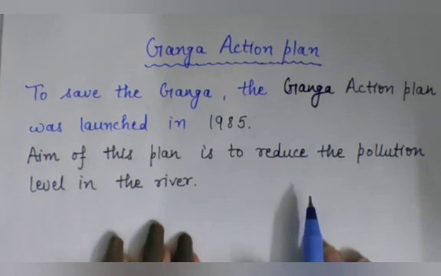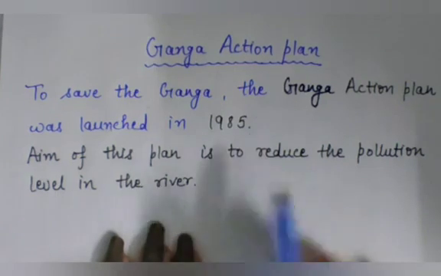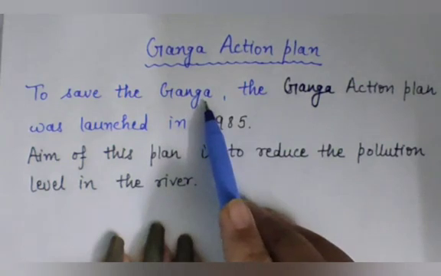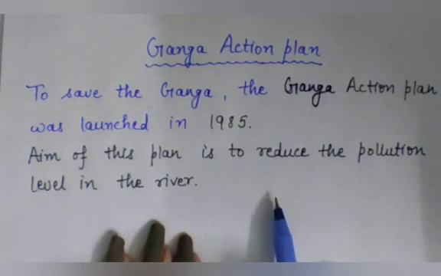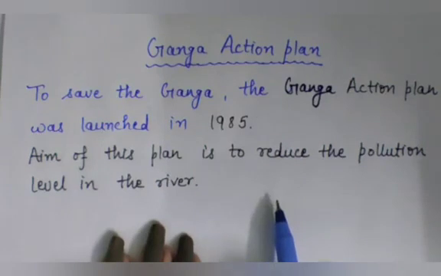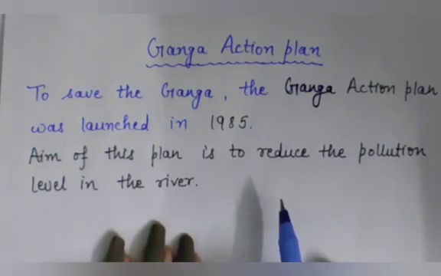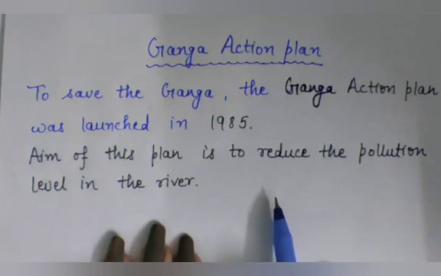But it is very important to save the Ganga river. That's why we all should come forward and participate in cleaning the Ganga and help the government in cleaning the Ganga river. And there are many other rivers which are polluted due to human activities. Like the Yamuna is another polluted river.